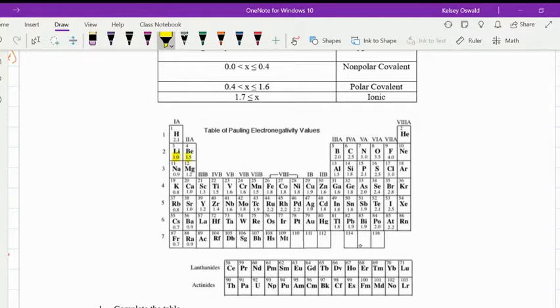And we can see our metals have relatively low electronegativity values. Our metals do not want to gain electrons.